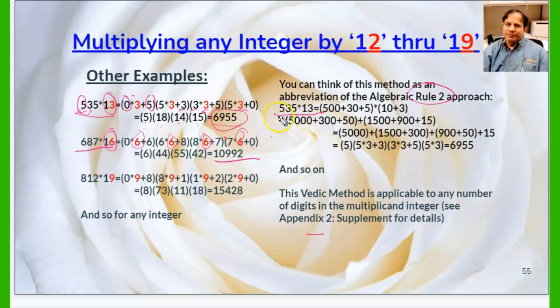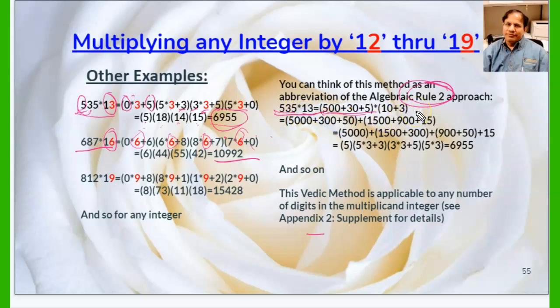So we can just say that 535 times 13 is equal to, so let's write it out. We can also use the algebraic rule 2, and use the expansion of 535 as a sum, and then multiply with the expansion of 13 as a sum, 10 plus 3.